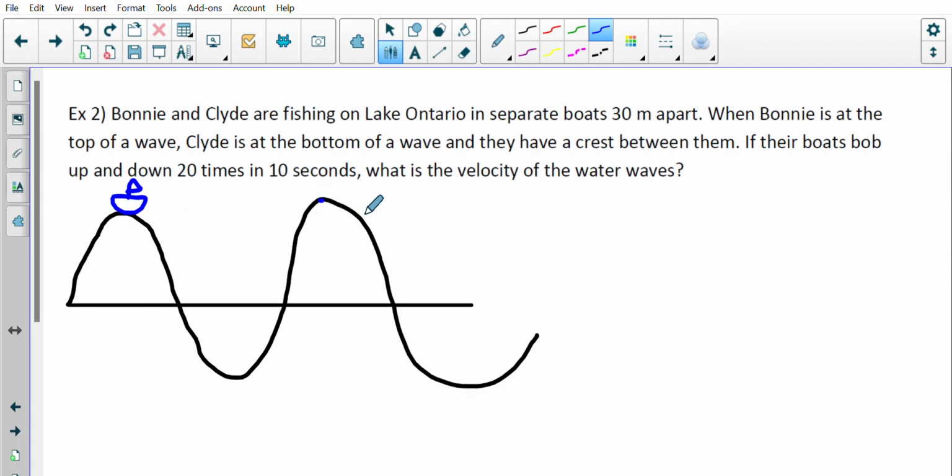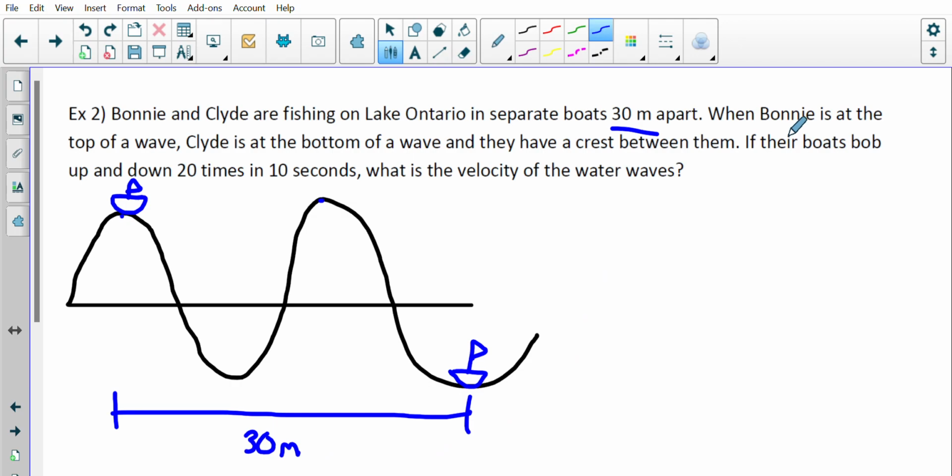Crest in between them. So there's one crest. There's two because they're at the top of the wave, and Clyde's at the bottom of the wave. So we'll draw his little boat in here. They are 30 meters apart, so I'm going to draw that in there. Okay, so that's 30 meters.